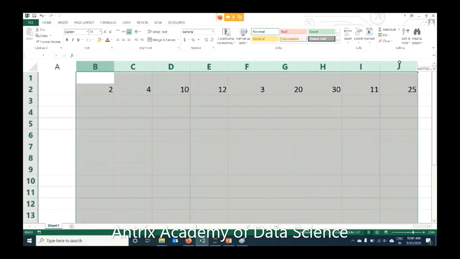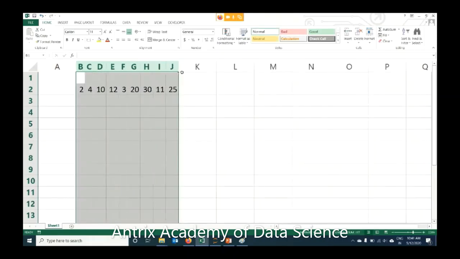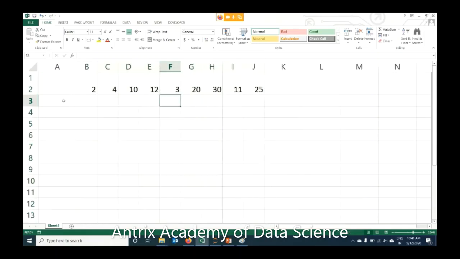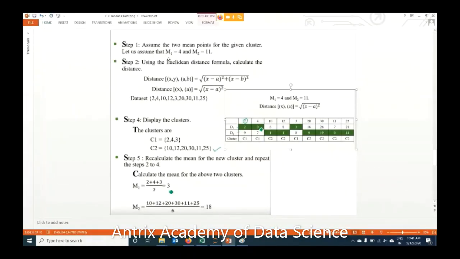That is my x value. I've been asked to make two centroids, so I am working with K equal to 2. I take two random centroids: one centroid as 4 and the other as 11.